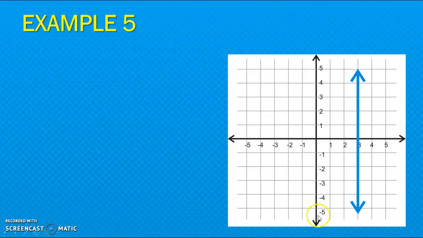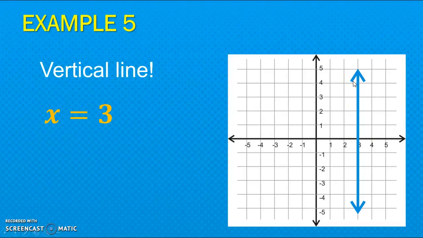I look at this point right here, and it crosses the x-axis at 3. All the points along this line have an x value of 3. So the equation of this line is just x equals 3. The key thing is to remember, if it's vertical, we're just looking at the value of x.